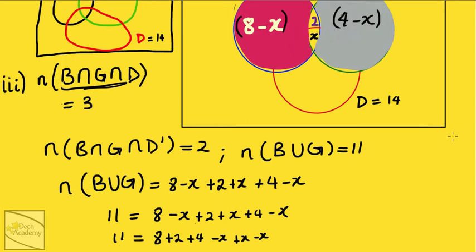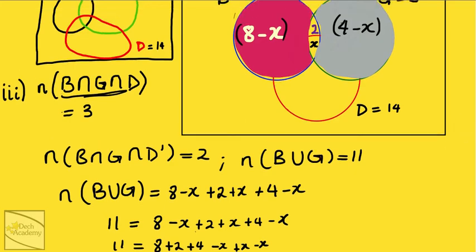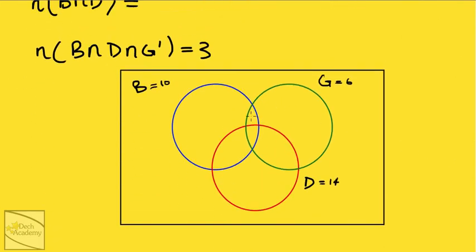So those are things we know about. We won't use them just yet. We know that there are 2 members in that region and 3 here.